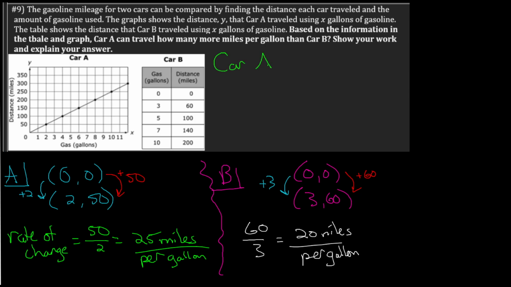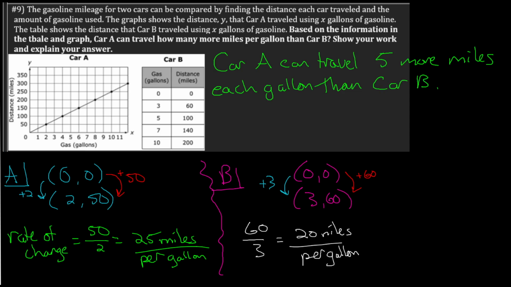So I'd say car A can travel, if I compare those two, 5 more miles each gallon than car B. And I use my mathematical reasoning to write a sentence that answers the question. So be able to find the rate of change for both of those cars and compare what you had. Again, feel free to pause, rewind, replay, ask questions as they come up.